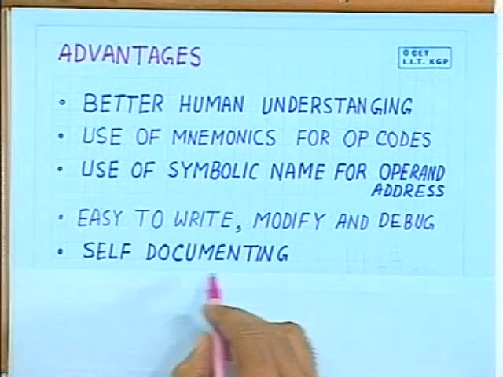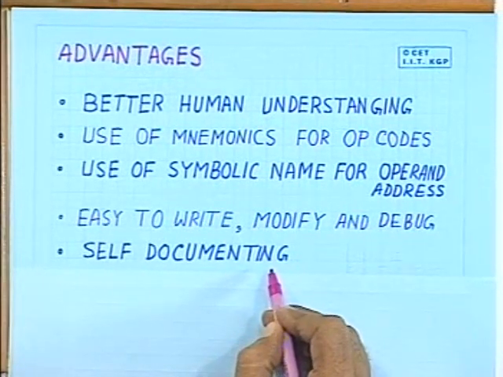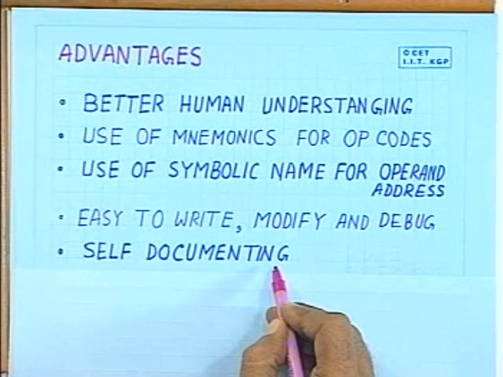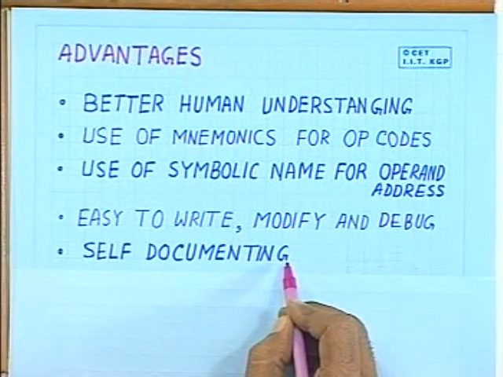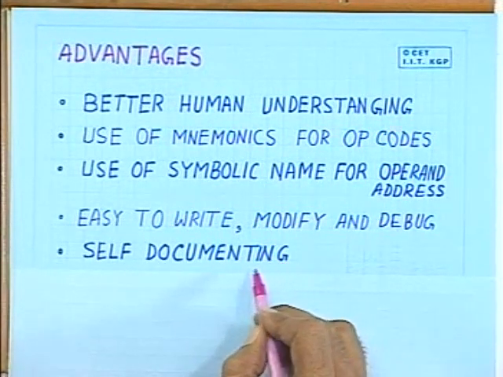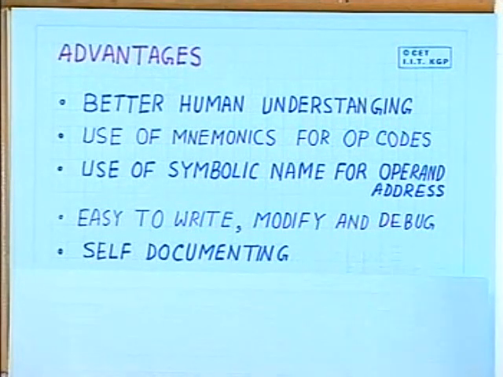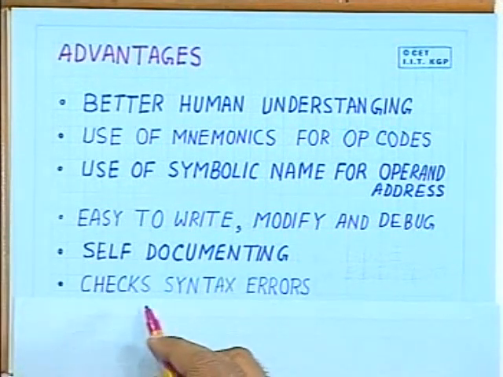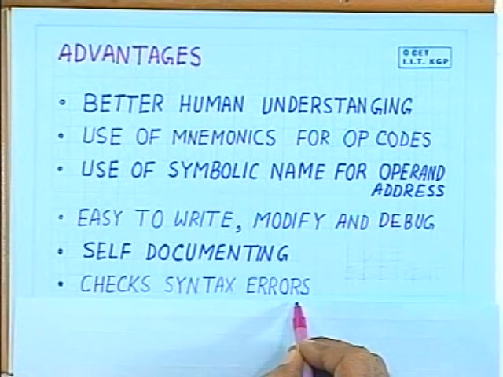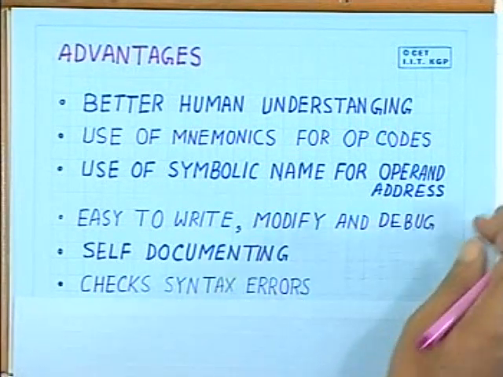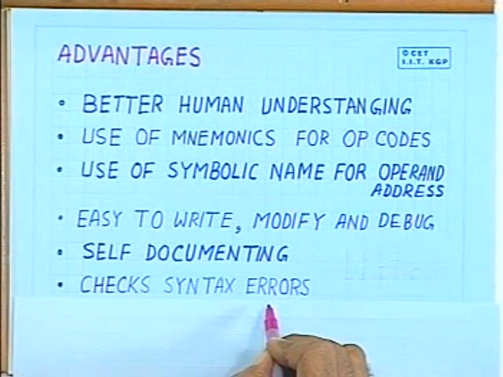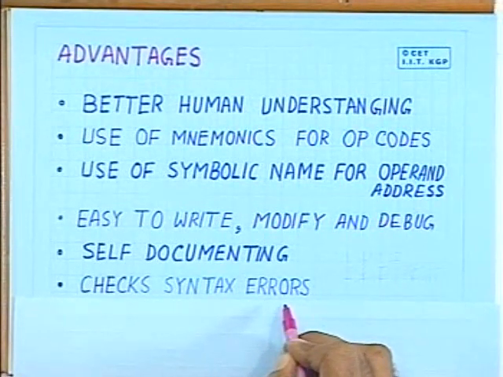And as we shall see, the assembly language program is self-documenting. Documentation is very important for future maintenance and debugging. So assembly language programming inherently provides a self-documentation feature. Then whenever you write an assembly language program, it checks the syntax errors, because a software will be used to convert the assembly language to machine language, and that will automatically check the syntax errors.